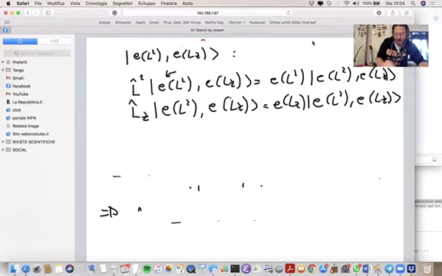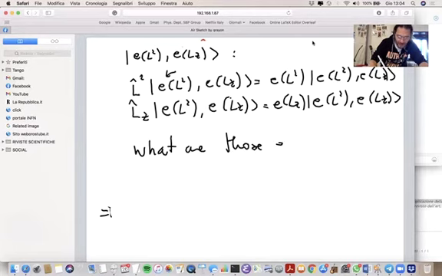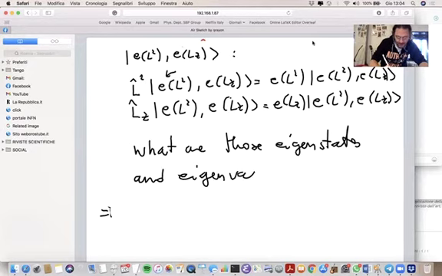So the next question that we might ask is, what are those eigenstates and eigenvalues? In other words, can we diagonalize these operators simultaneously explicitly?